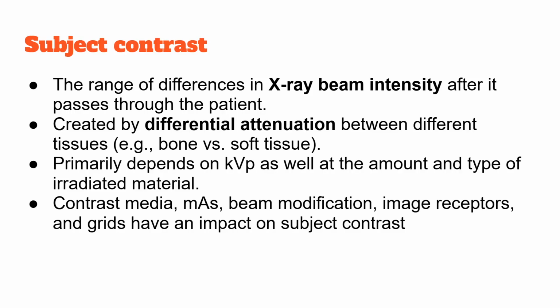It primarily depends on KVP as well as the amount and type of irradiated material. In our case, we're irradiating the patient. The patient is the irradiated material. There's other things that sort of play a role in subject contrast, such as contrast media, your mass, beam modification, image receptors and grids. All these have an impact.